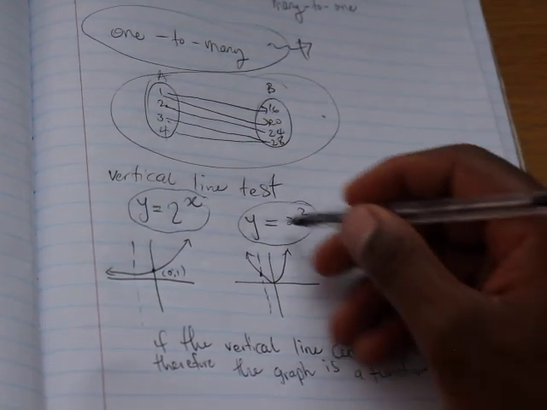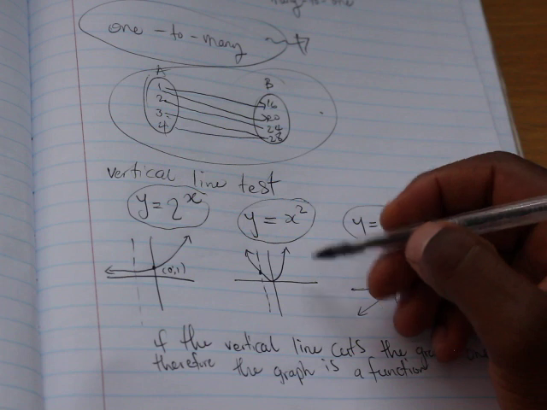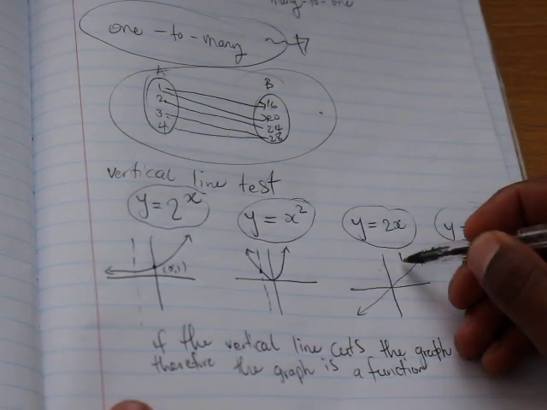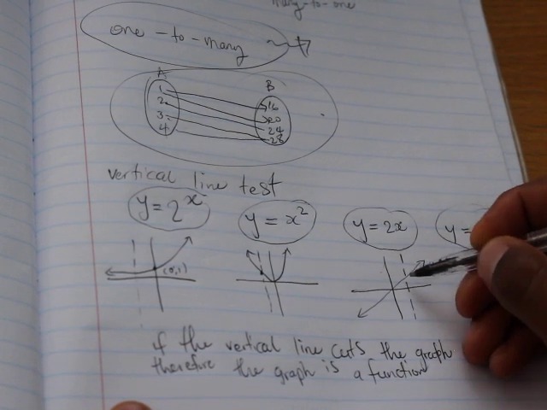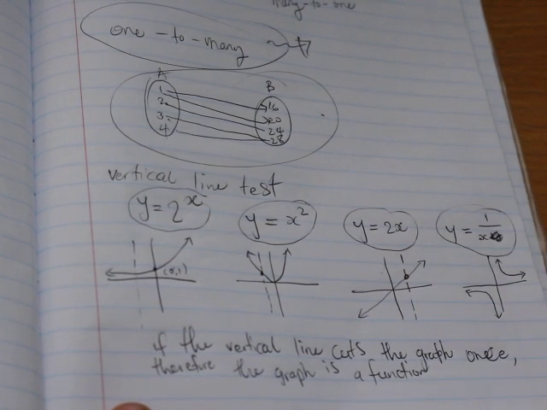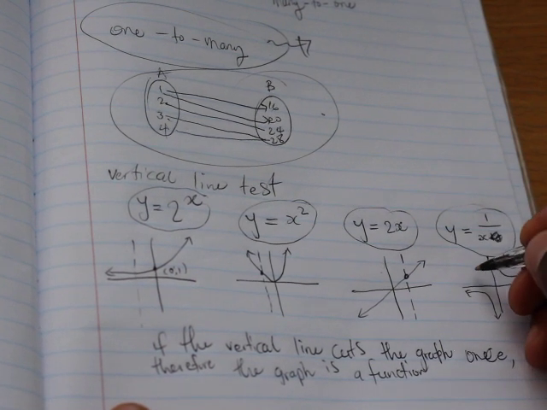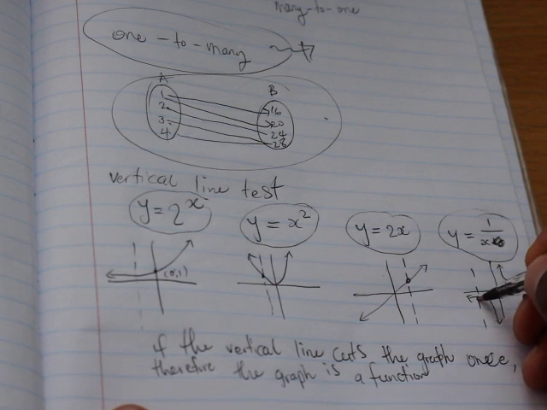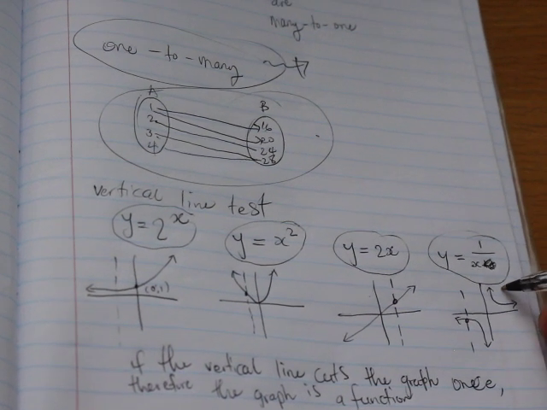So this is also a function because the vertical line cuts the graph once. Let's try this one as well. Also the vertical line cuts the graph once. And then this one as well.